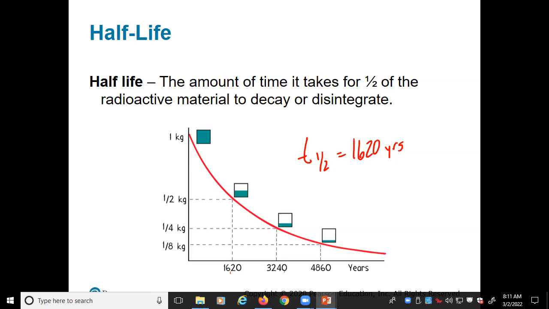As I made mention of before, this is really useful to us. Because it is consistent, we can take advantage of radioactive decays to figure out things like how old a sample is.